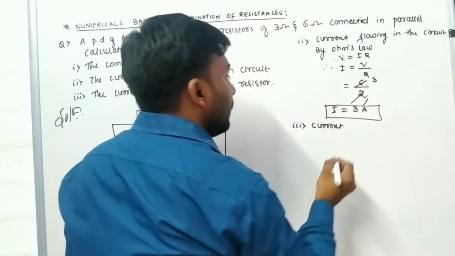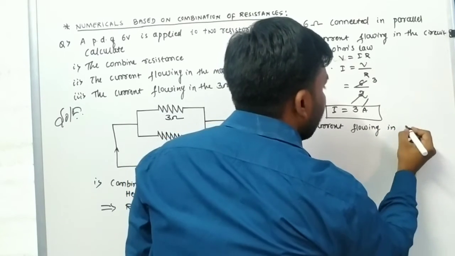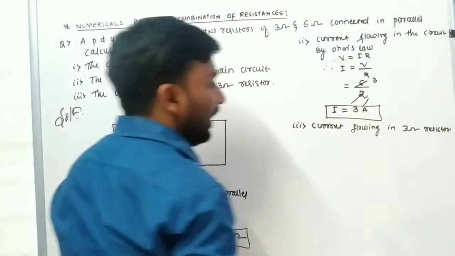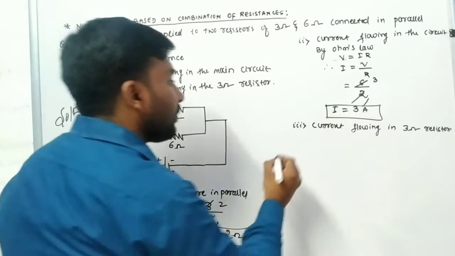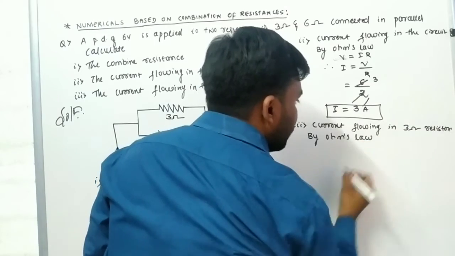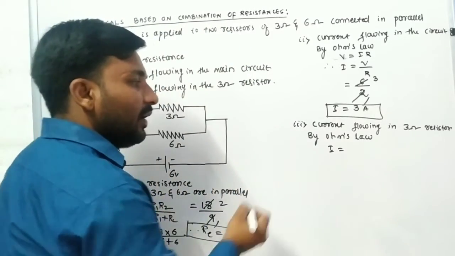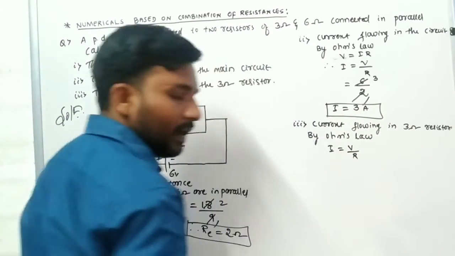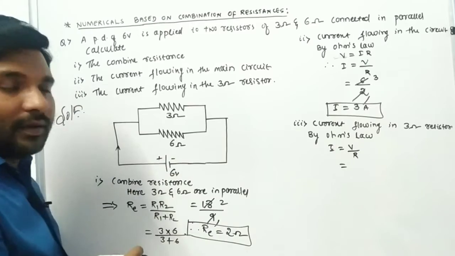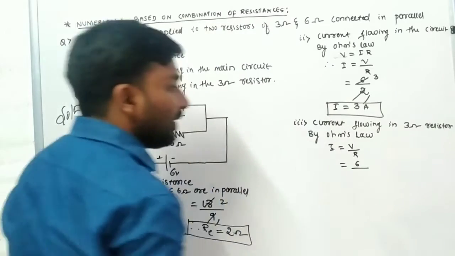By Ohm's law, we can write I is equal to V divided by R. Now what is V here? It is 6.